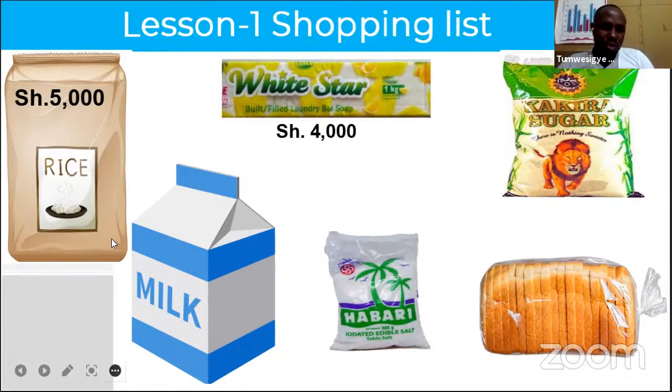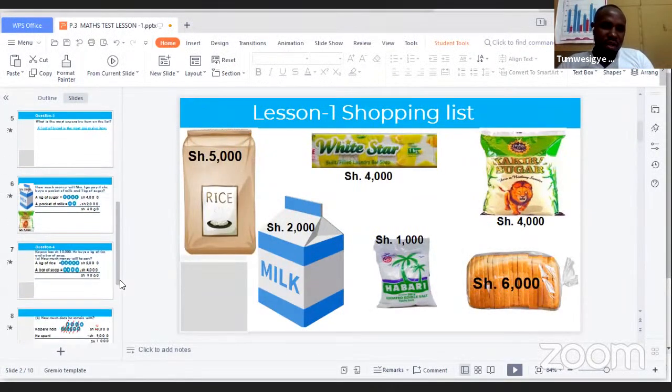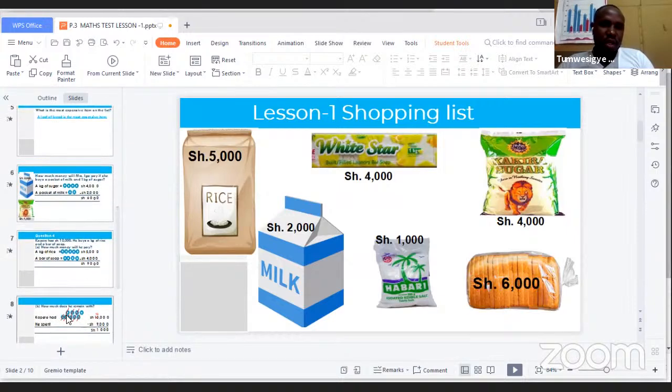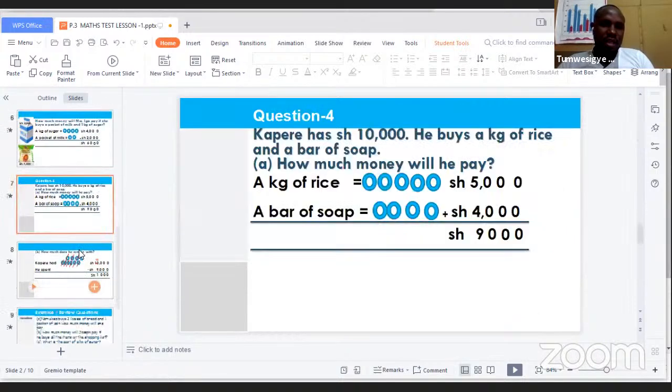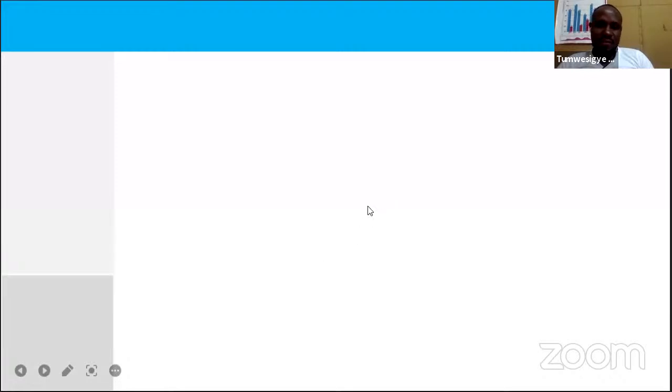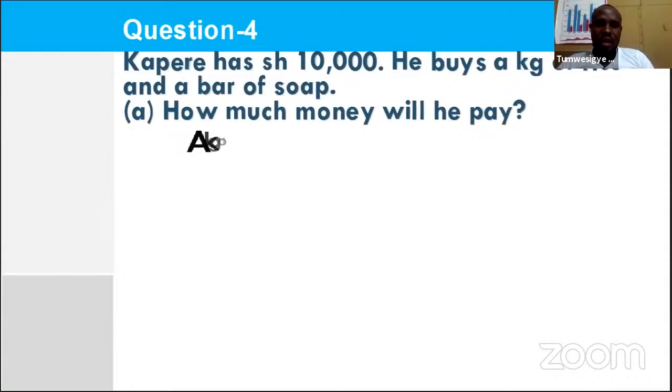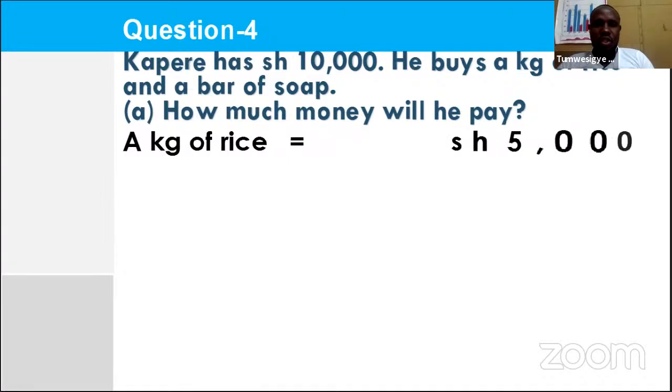Let's move on to our question, and we see what we have to do here. It was our question 4. So we have to say a kilogram of rice costs shillings 5,000 because we have seen it from the shopping list together. That's the cost price.